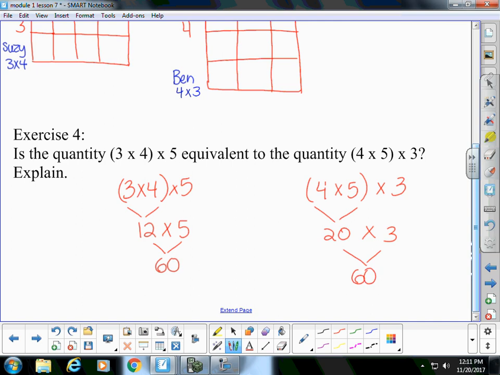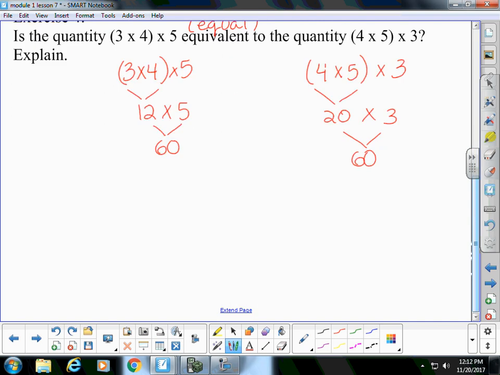Okay, so is the quantity equivalent? Equivalent means, the word equivalent, that just means equal. So they're asking us, is it equal? And the answer is yes. And that's because multiplication doesn't matter what order you multiply the numbers in. If they're all the same numbers, it is going to come out equal.